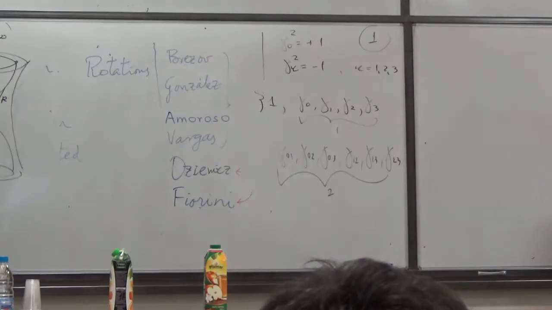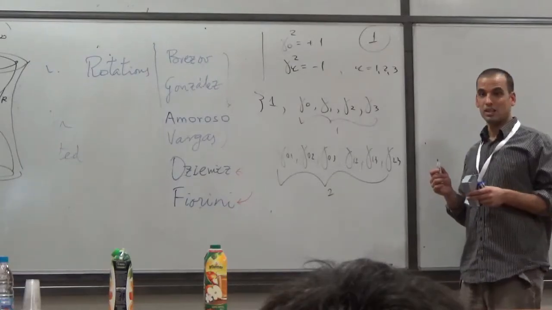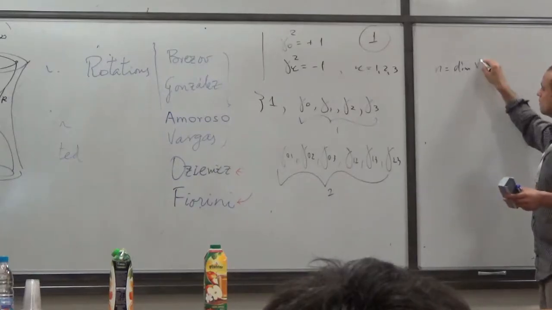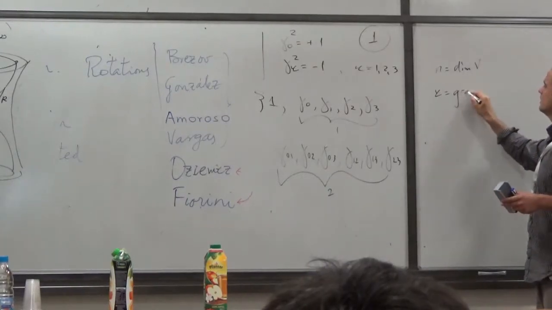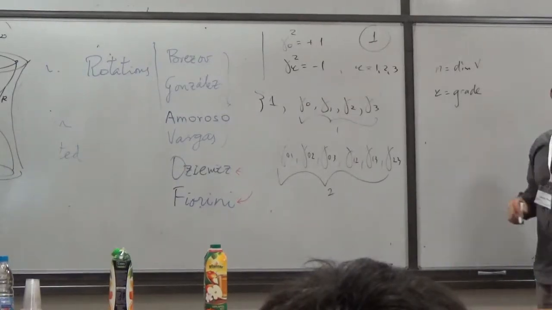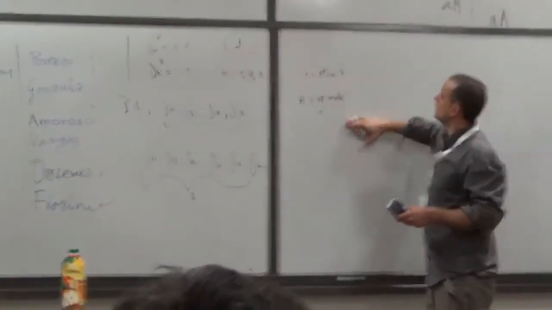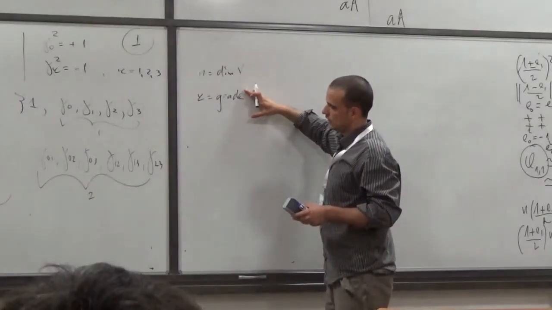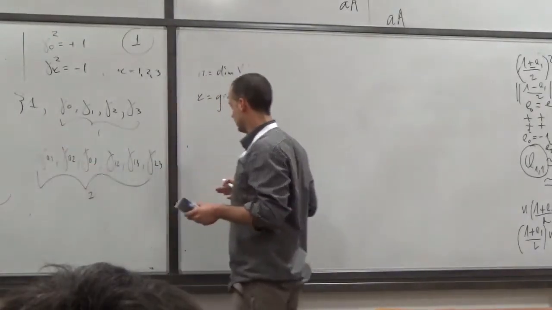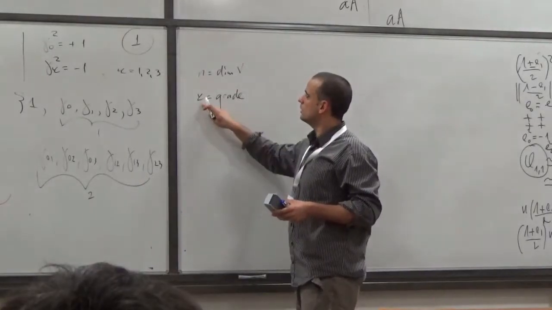How many grade 3 elements are we going to have? Well, if n is the dimension of the space and k is the grade of the corresponding element, the corresponding subspace of monomials, what is the dimension?